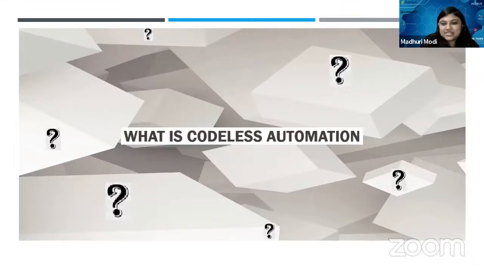So when we say codeless, it's just codeless for people using it because it's hiding code under the hood. The instructions given by the testers at the user interface level are actually translated into code and executed at the backend. The end user will not be able to see this, but this is done by that particular codeless tool.